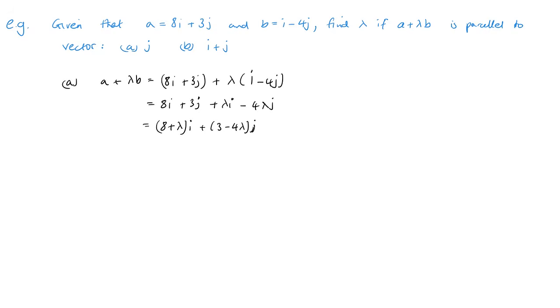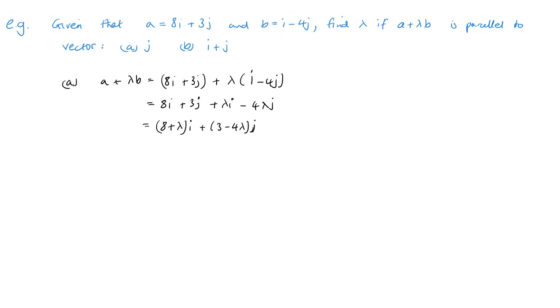Now, since it's parallel to the vector j, it has no i component. So what I want to look at is the i component being 0. What value of lambda makes that i component 0?